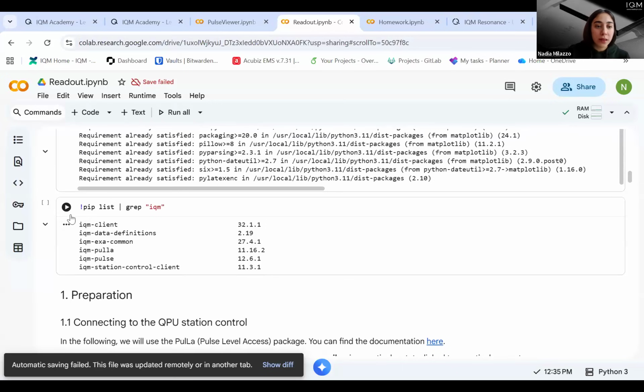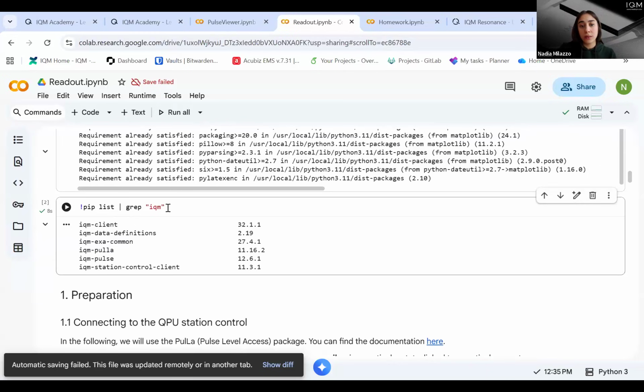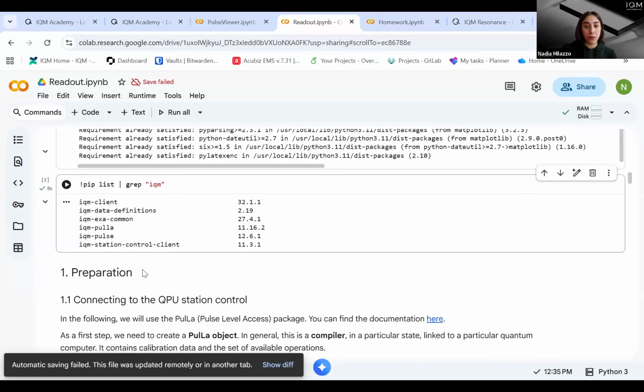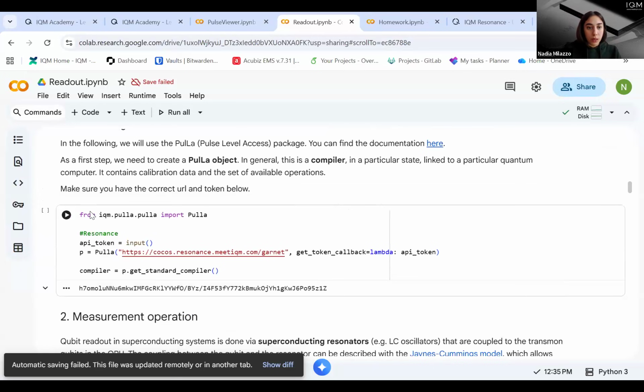And as I suggested to some of you yesterday, to verify your installation, you can use this command here that calls all the IQM packages that you installed, so that you can verify if the installation worked correctly.